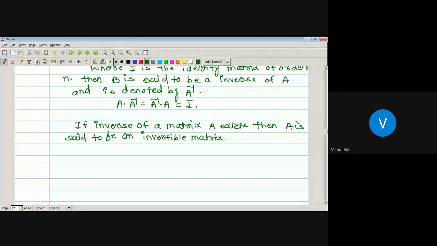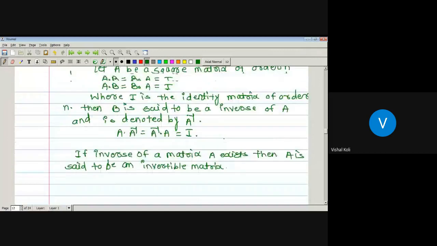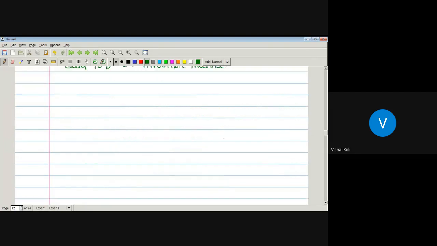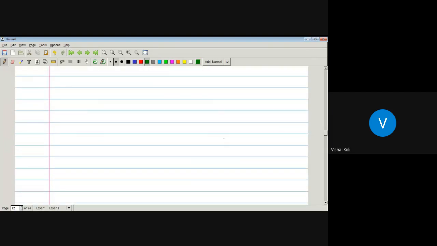Now, the inverse of a matrix in terms of adjoint. This was just the definition of the inverse of a matrix. So if we have one matrix A, then its inverse is nothing but B. That is, we say B is the inverse of that matrix A if A into B equal to B into A equal to I. Okay. Now we have to find the inverse in terms of adjoint.